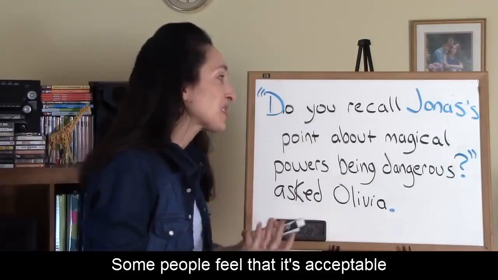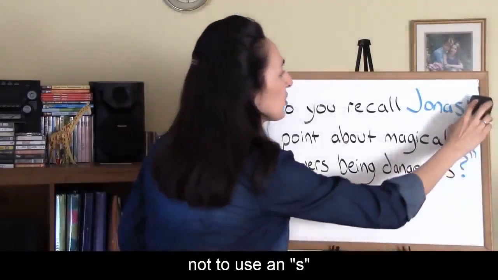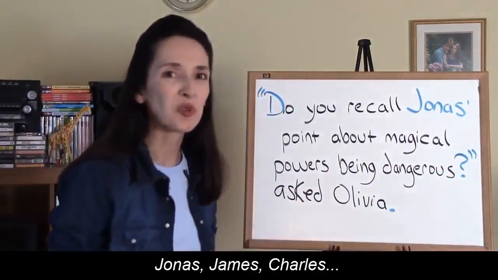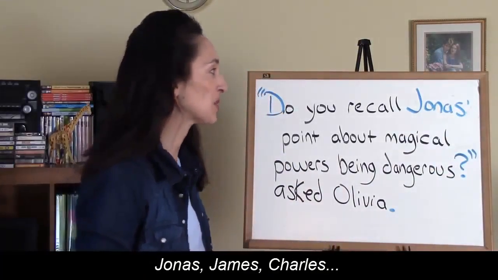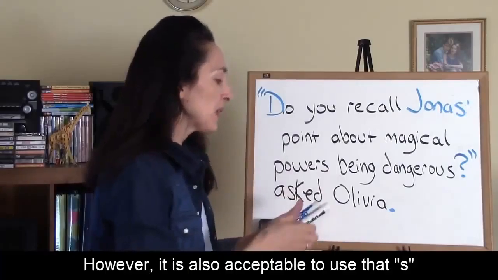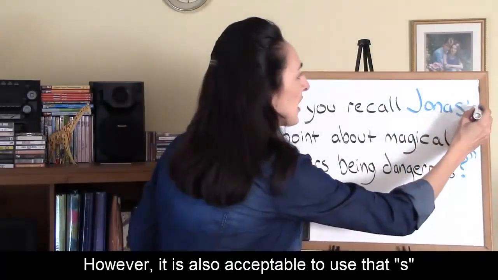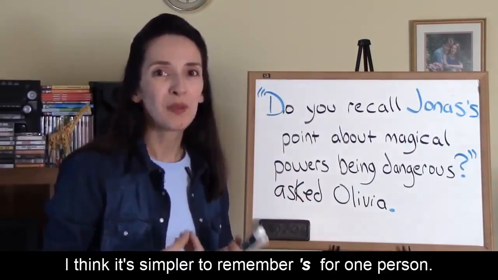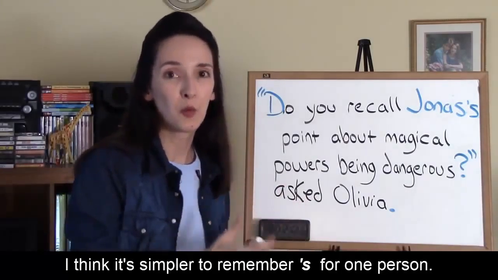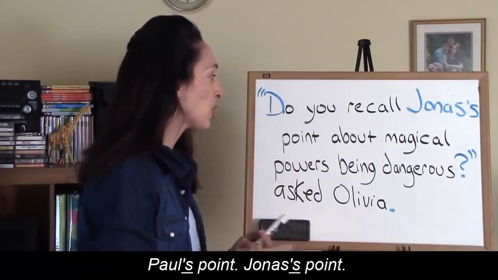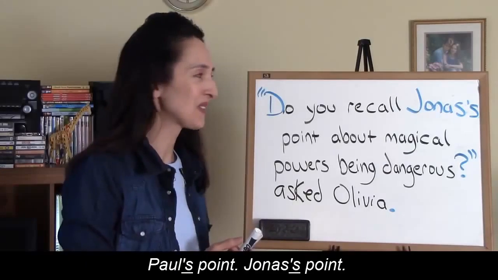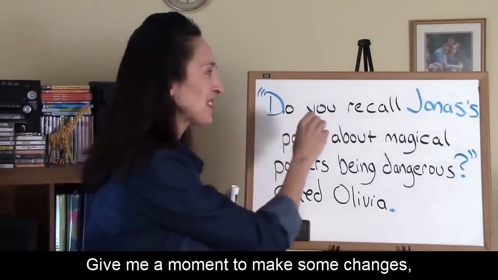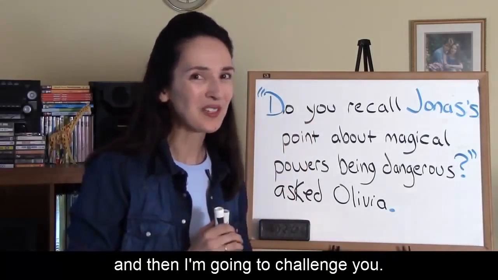Some people feel that it's acceptable not to use an S when a name ends with S. Jonas, James, Charles. However, it is also acceptable to use that S with an apostrophe. I think it's simpler to remember apostrophe S for one person. Paul's point. Jonas's point. I'm going to get a little tricky. Give me a moment to make some changes, and then I'm going to challenge you.